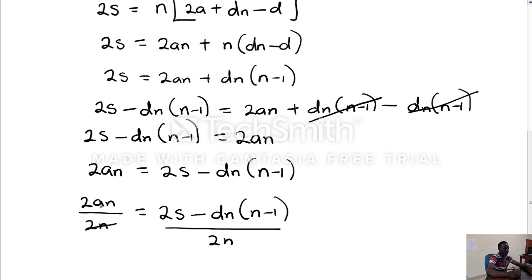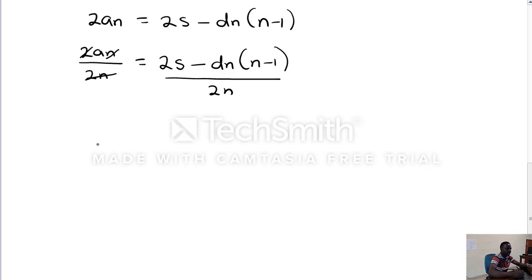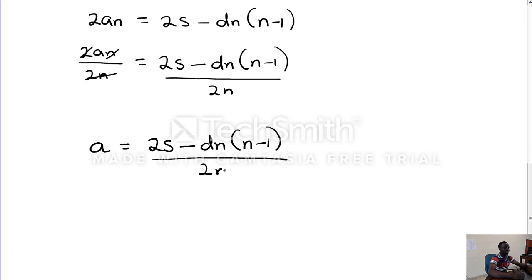So this 2n will cancel 2 and n, leaving us with a is equal to 2s minus dn into bracket n minus 1 divided by 2n, and this is the subject of the equation.